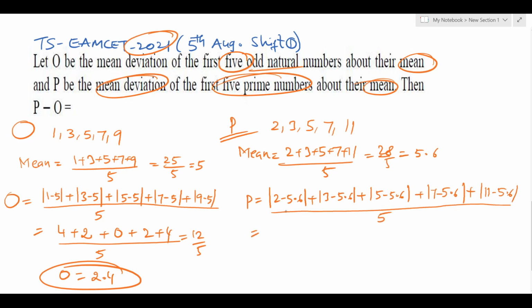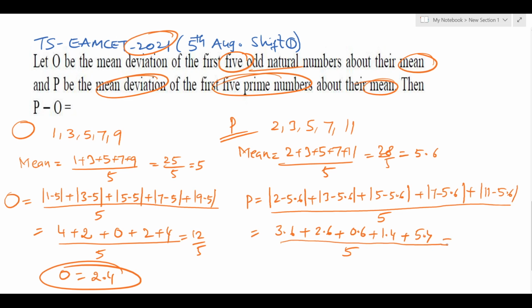So 2 minus 5.6, that value is 3.6. 3 minus 5.6, modulus of this is 2.6. 5 minus 5.6, modulus, that is 0.6. This is 7 minus 5.6, modulus, this is 1.4. 11 minus 5.6, this is 5.4, by 5.